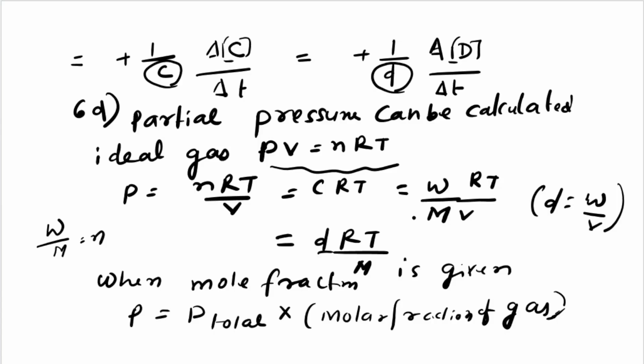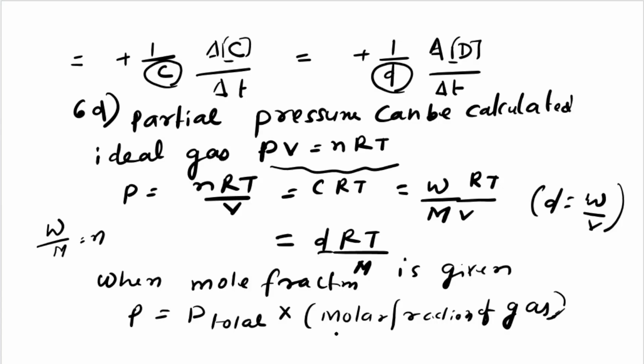dRT by M. So when mole fraction is given, P equals P total into mole fraction of the gas. You should know the mole fraction. The value of P total should be given, along with the molar fraction of the gas.